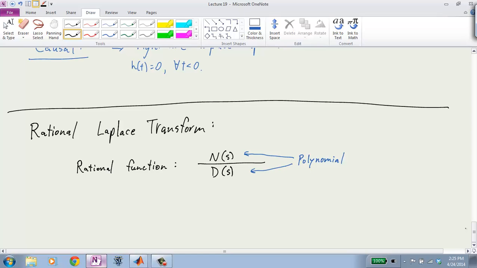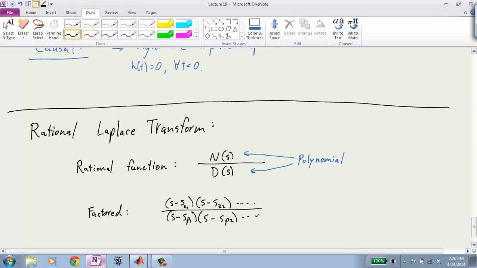Of course, a polynomial can always be factored into a bunch of terms multiplied together. So you could write such a thing as a product of s minus some root. You take the roots of the numerator and call those s z1, s minus s z2, and so on, and we have some roots of the denominator, s minus sp1, s minus sp2, and so on.